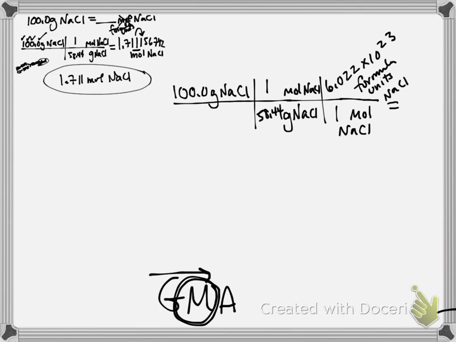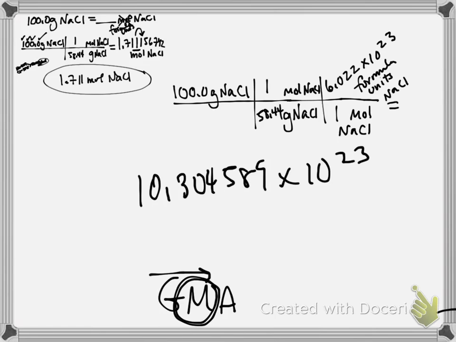Do you have a raw answer yet? Who's got a raw answer? Maybe you got something like that? And we have to fix the scientific notation. You can't turn it in that way.